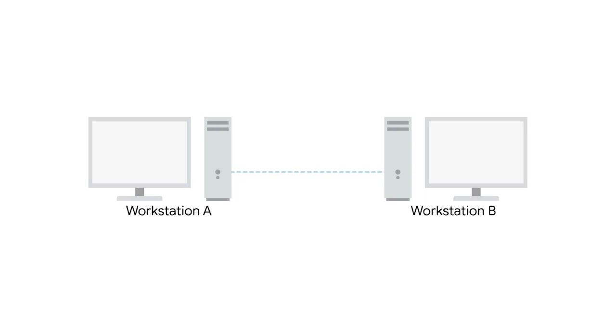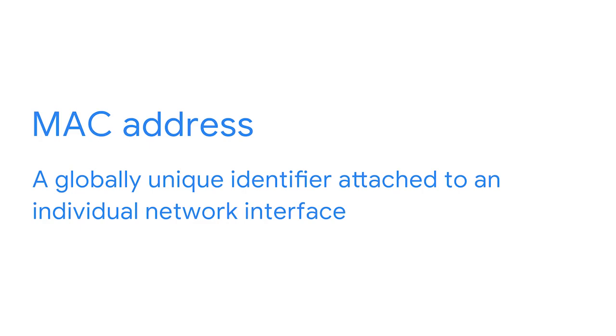This random interval helps to prevent all the computers involved in the collision from colliding again the next time they try to transmit anything. When a network segment is a collision domain, it means that all devices on that segment receive all communication across the entire segment. This means we need a way to identify which node the transmission was actually meant for. This is where something known as a media access control address, or MAC address, comes into play. A MAC address is a globally unique identifier attached to an individual network interface.